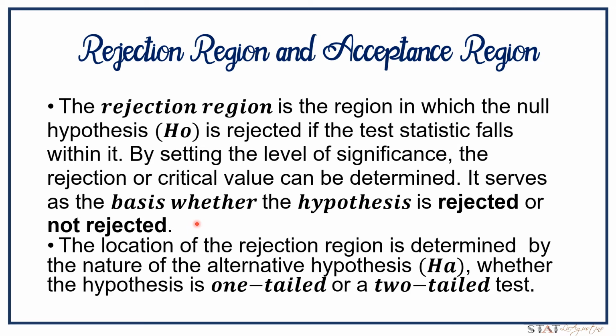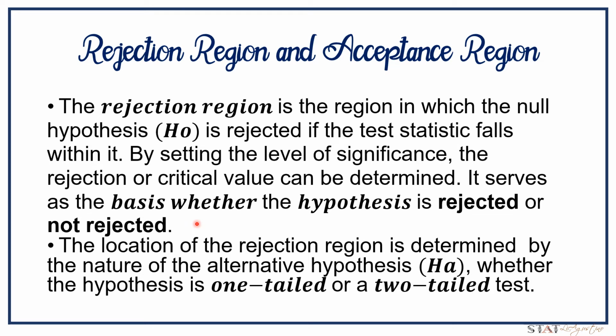For example, even in your grades, in what area can I declare that I have passed? You can only declare that you've passed the subject if your grade is 85 and above. So it's just like that. That's the rejection region. What is my basis whether my hypothesis will be rejected or not rejected?